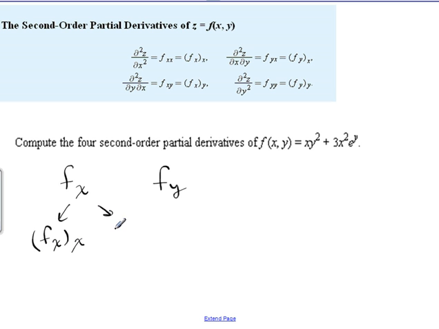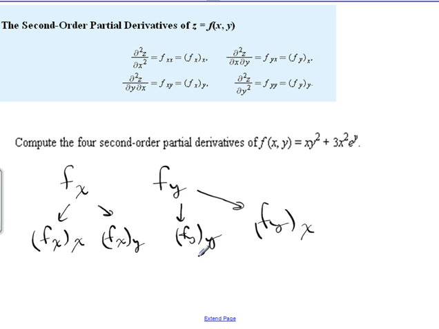And we can also think about how my first derivative with respect to x changes as y changes. Similarly, we can take the partial with respect to y and see how that partial is changing as y changes. And we can think about how the y partial changes as x changes. So we have 4 different second order partial derivatives, and let's look at how you'd calculate them.